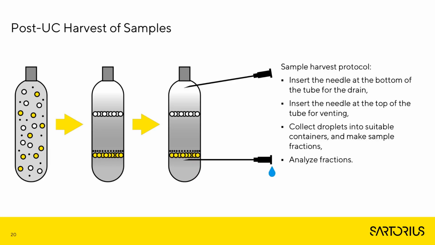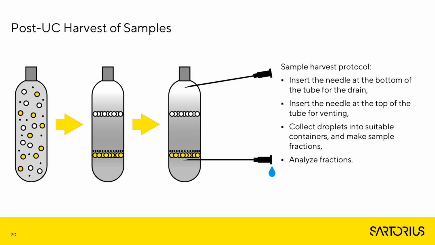So after the centrifugation, the sample is retained in a closed centrifuge tube. A dedicated protocol is required to extract the sample from the tube. The protocol is briefly described here and involves inserting a needle at the bottom of the tube for the drain.